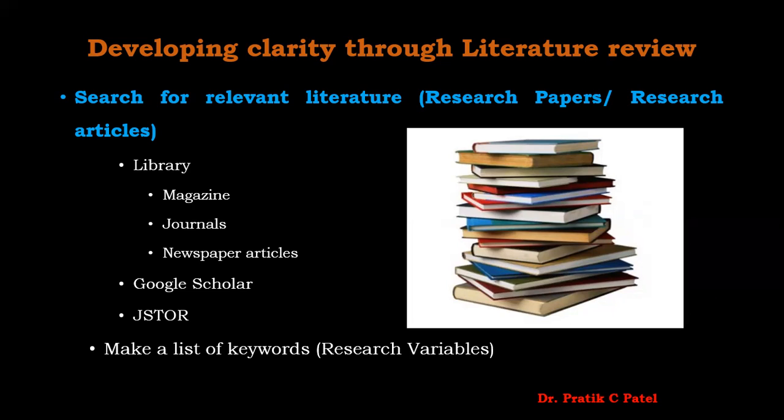It is we who need to decide what is relevant and what is not so relevant. There are so many good or authentic sources for research. Two of them are Google Scholar and JSTOR. These are free sources, most of them. So get some authentic research papers from these sources.